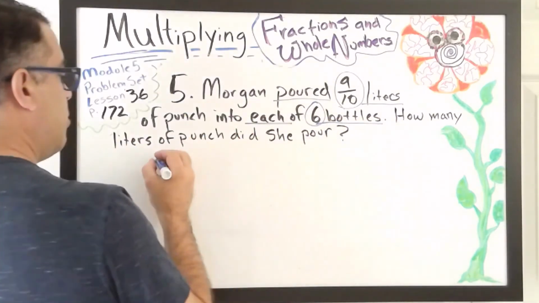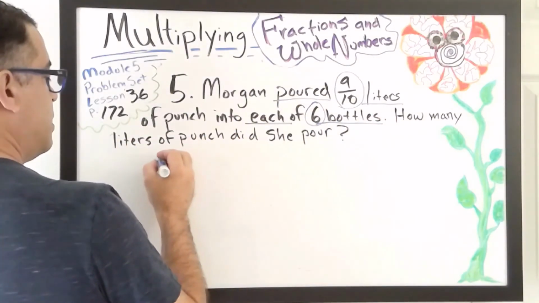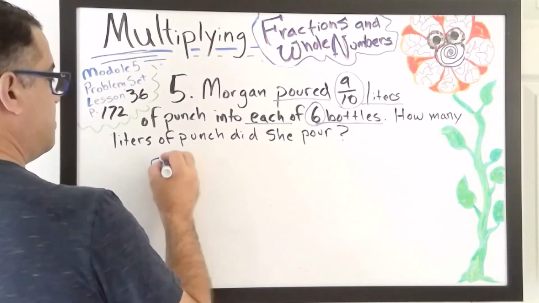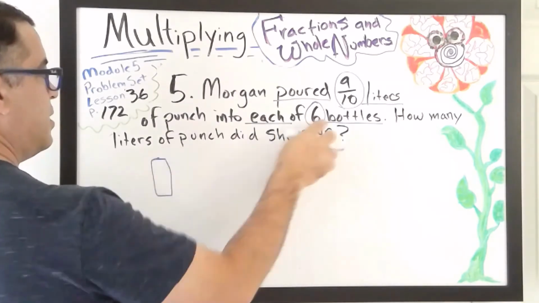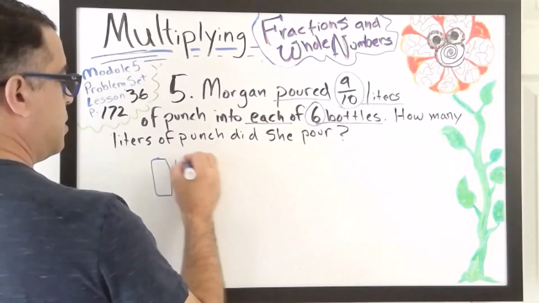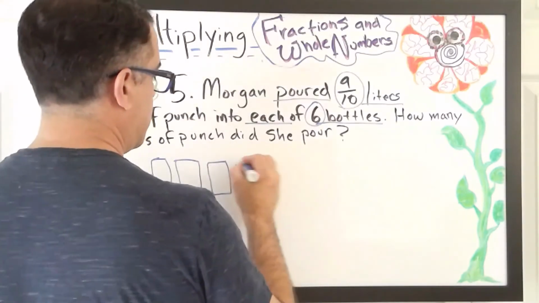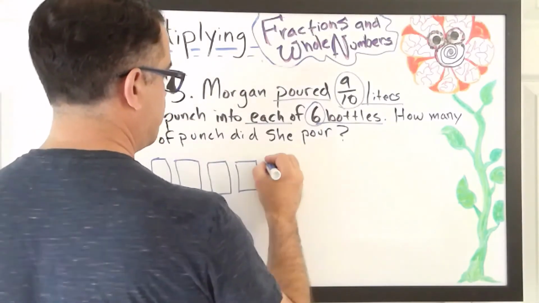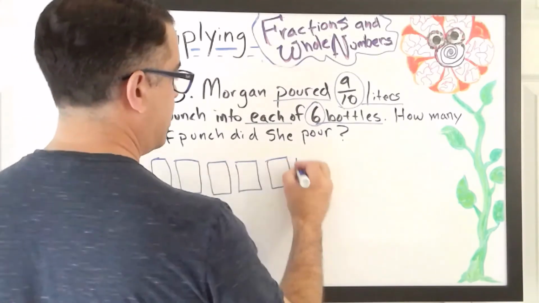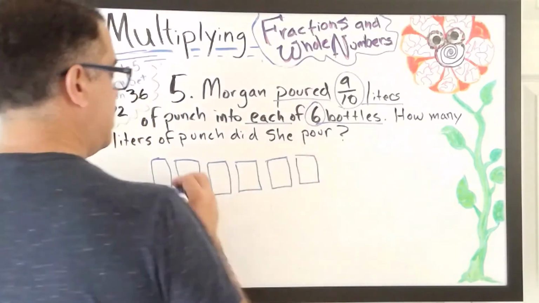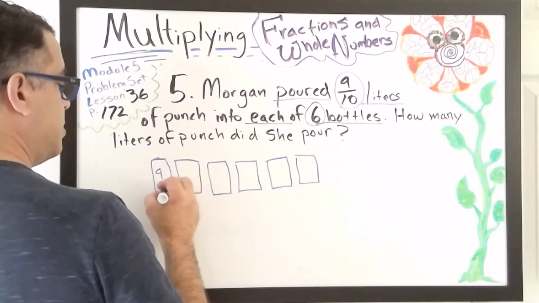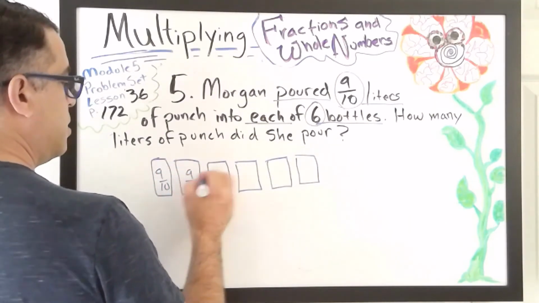So if I were to make a model, I would call this a bottle. I got 6 bottles. Here's my model. 1, 2, 3, 4, 5, 6. And she put 9/10 of punch in each one.